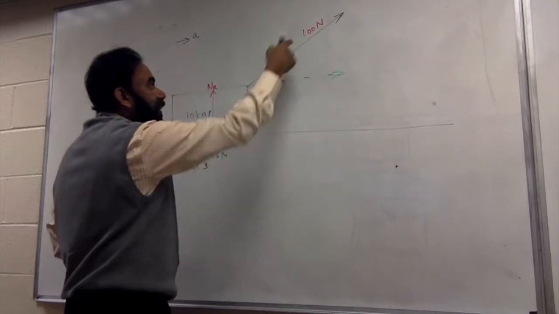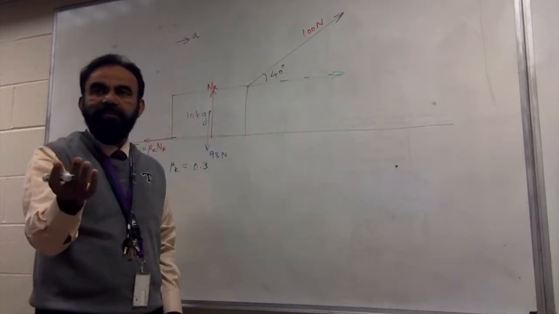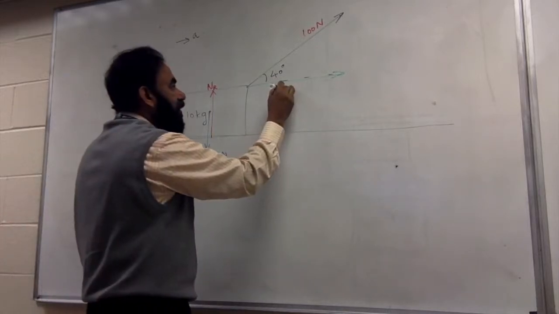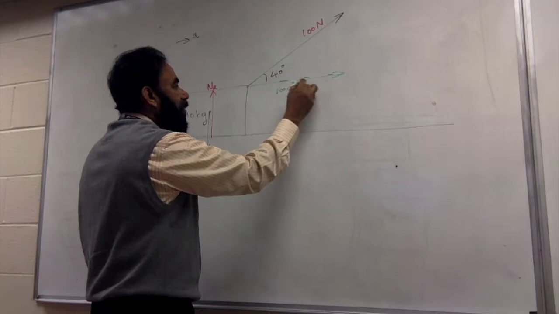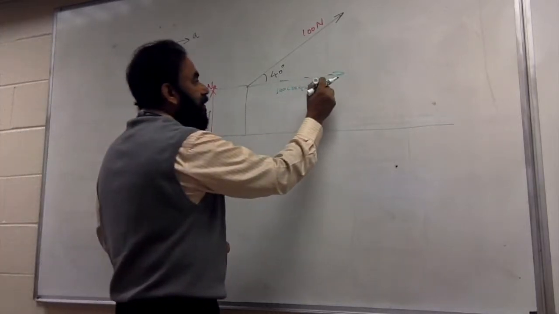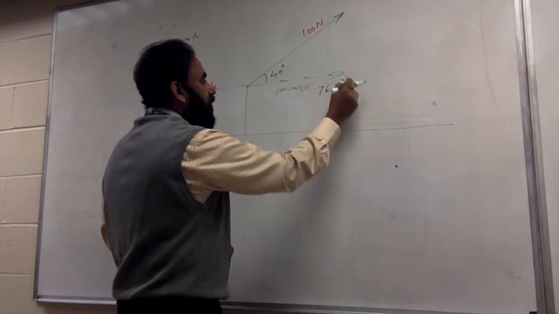What is the component of 100 in that direction? 100 cosine 40, how much is that? 76.6 newtons.